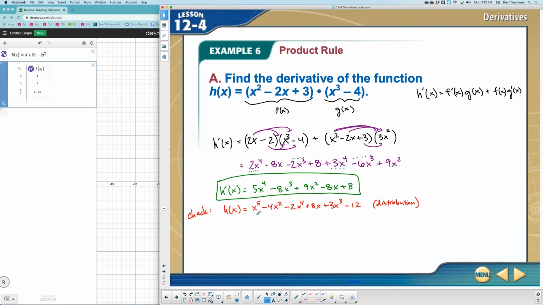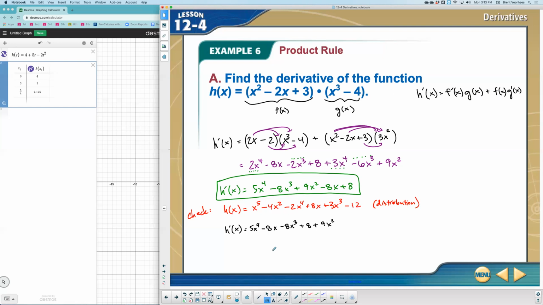All right, now if we took the derivative of this, I would have 5x to the 4th minus 8x minus 8x cubed plus 8 plus 9x squared.